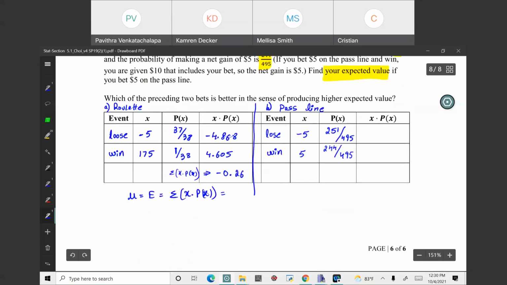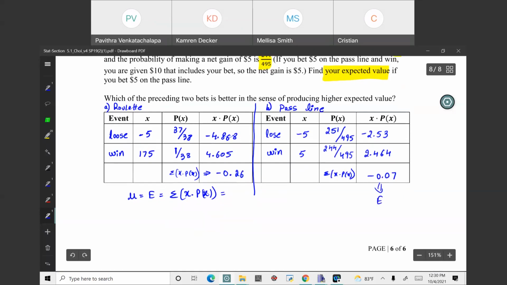Multiply. Must be getting minus 2.53 and 2.464. So if you add these two, you will get minus 0.07, which is nothing but the E.